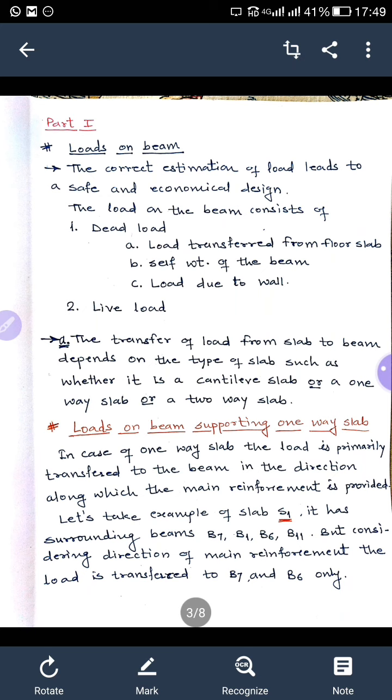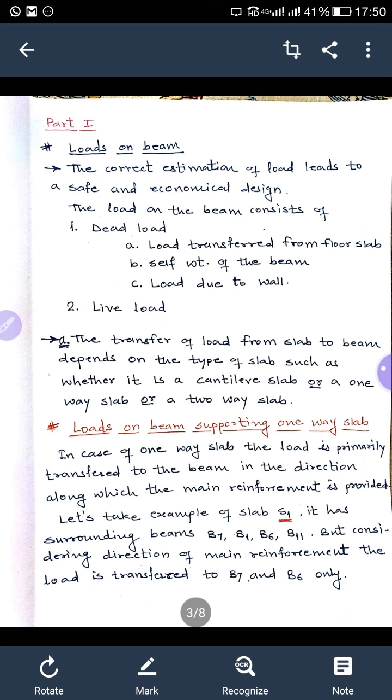Now the main part is load calculations on beam. For economical and safe design, perfect estimation of load is very important. So what are the loads on beams? We have to consider basically dead load and live load.